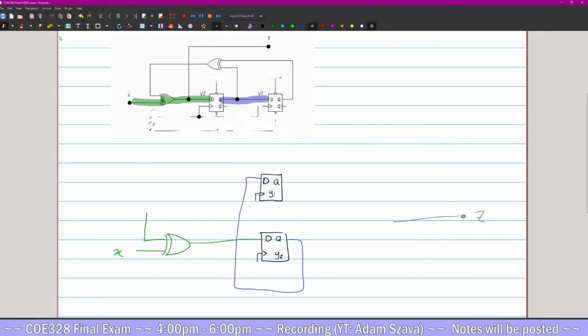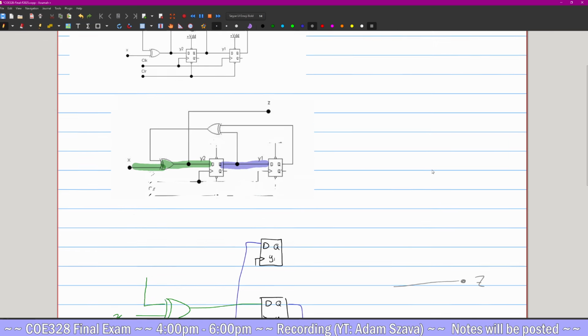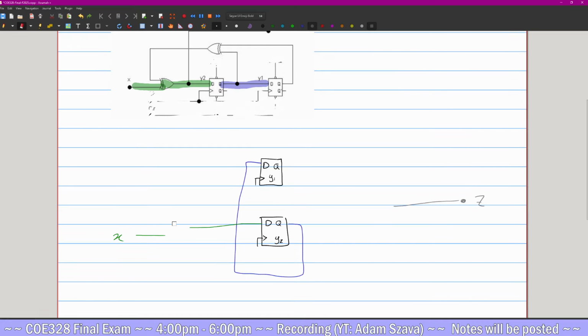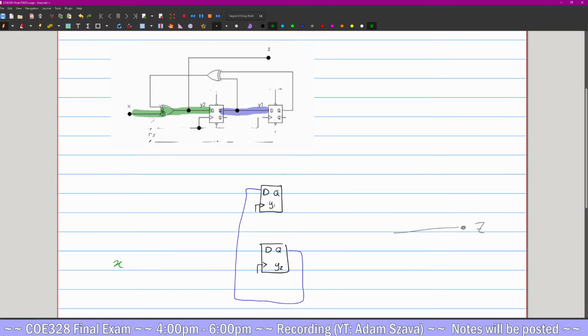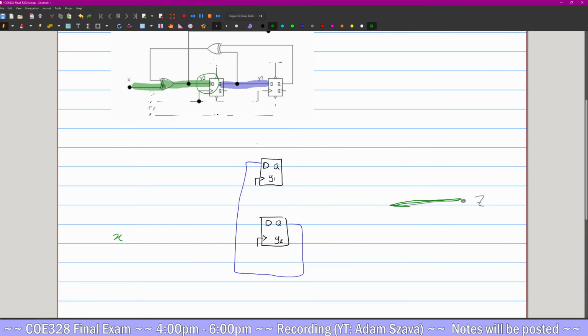What I would suggest now is to draw this green wire. Even though it is partially next state logic, it's also output logic. So I might draw the green wire here, and that green wire is the input to Y2 as well. You see that it comes around to be the next state logic for Y2.